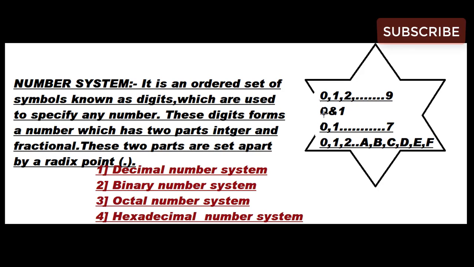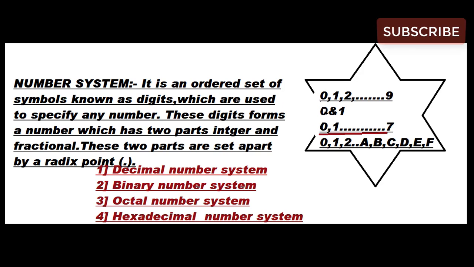Second is 0 and 1. The numbers which are only 0 and 1 are known as the binary number system. Third is the numbers starting with 0 and ending with 7, total 8, known as the octal number system.